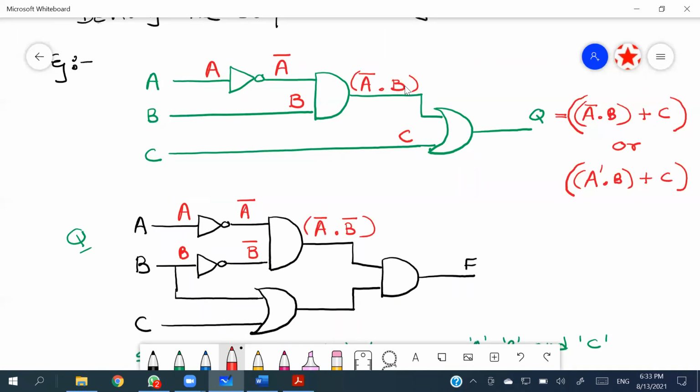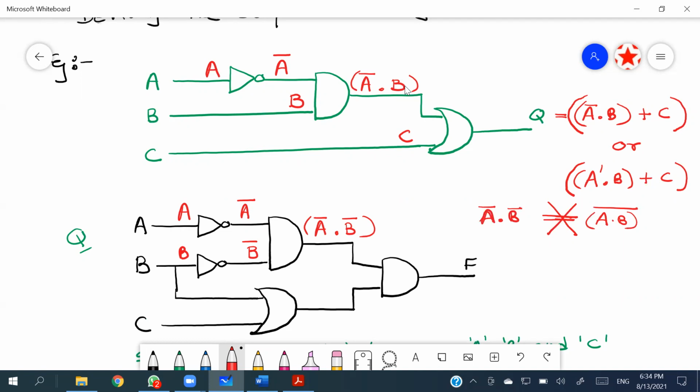And some of you have written this. Some of you think this A bar dot B bar is equal to A dot B total bar, which is not. This is wrong. These two are not equal to each other, right? These two illustrate two different things.